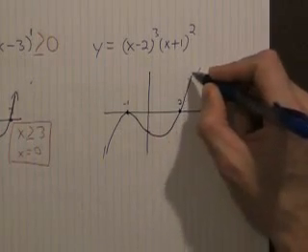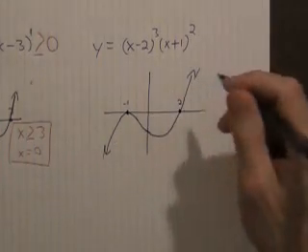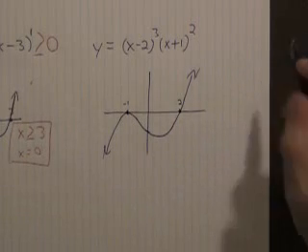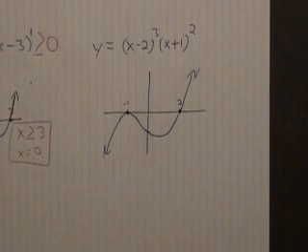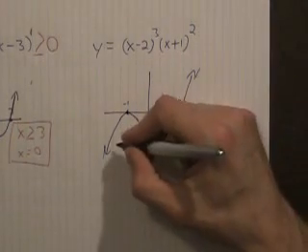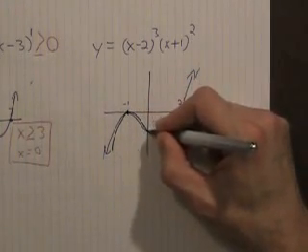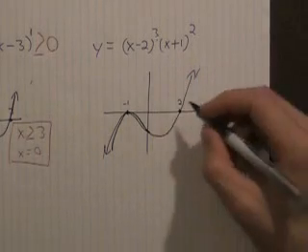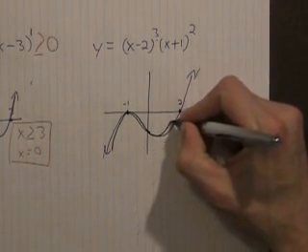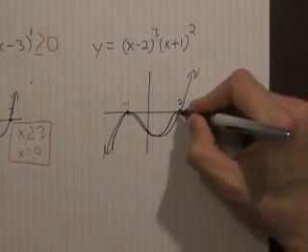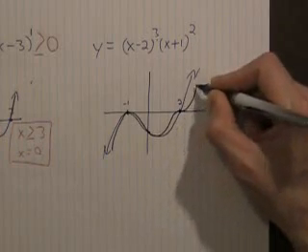Now this is a really crude drawing. It's not supposed to be a really accurate depiction of what it looks like. In reality, the graph will look something like this. It's definitely going to come up and touch here, and then come back down. But because this power is so high on the 2, it'll come up and flatten out a bit, and then keep on going up.